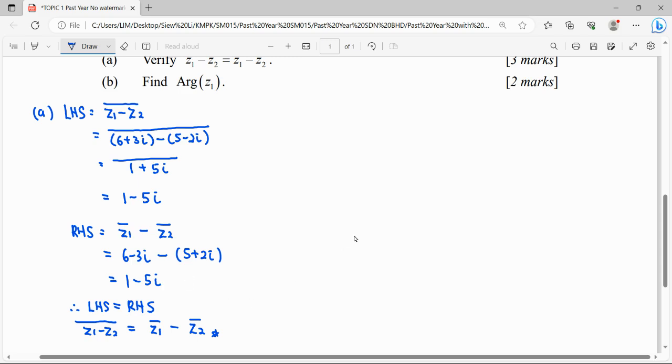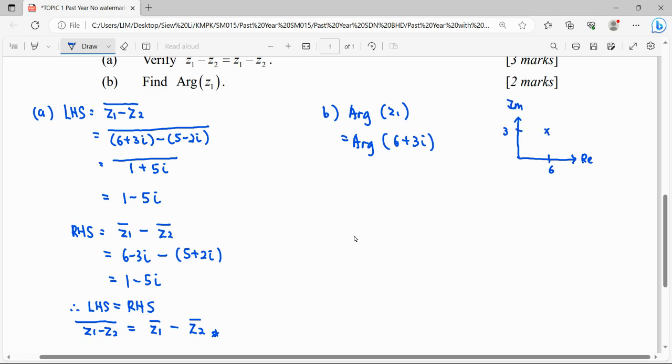Then for question B, we are going to find the argument for complex number 1, which means we're going to find the argument for 6 plus 3i. First, we have to identify our complex number 1, 6 plus 3i, which is in quadrant 1. So this is real number 6, then imaginary number 3.